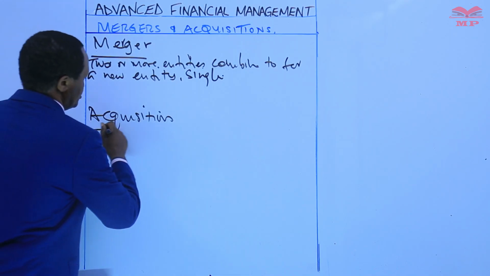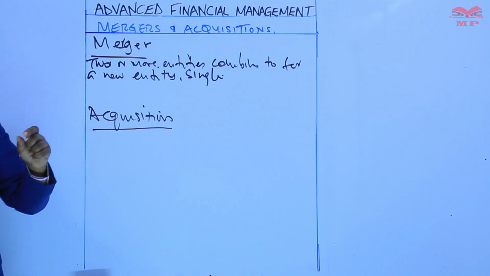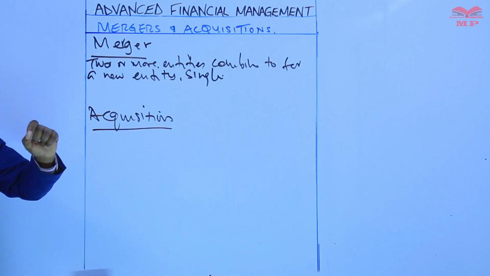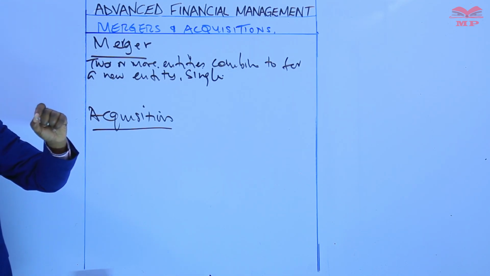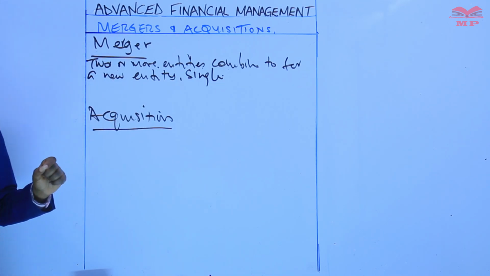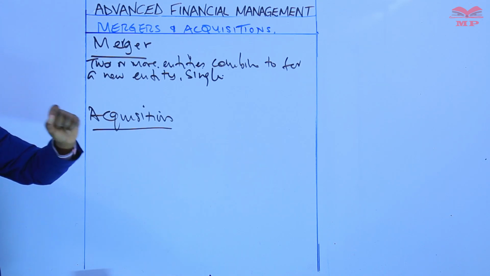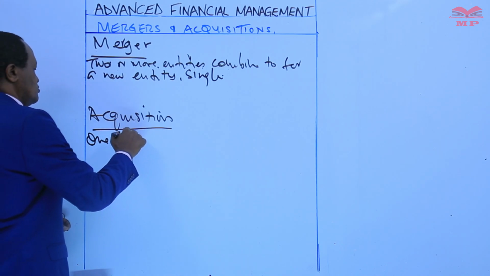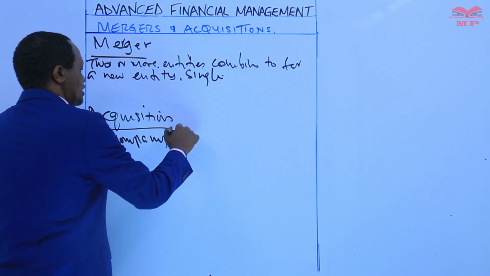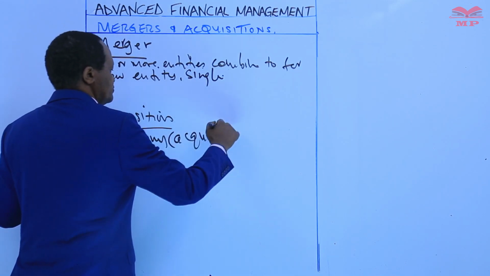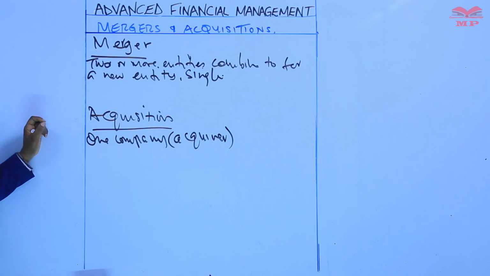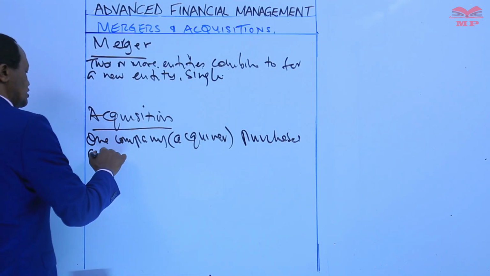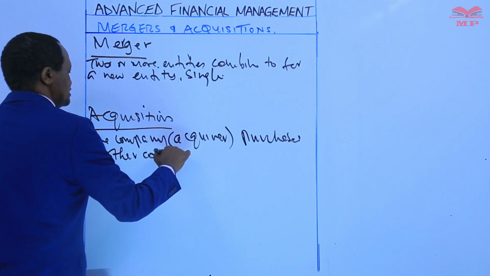Now, an acquisition, on the other hand, is a type of corporate combination where one company, known as the acquirer, purchases or buys another company, known as the target.